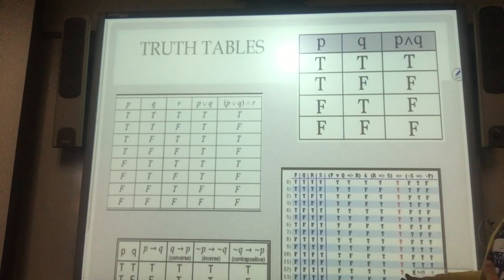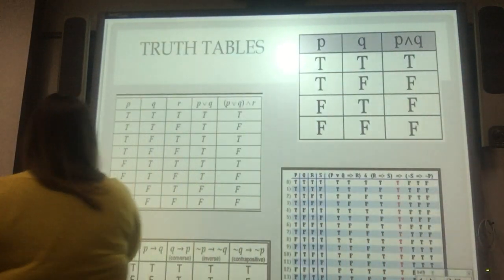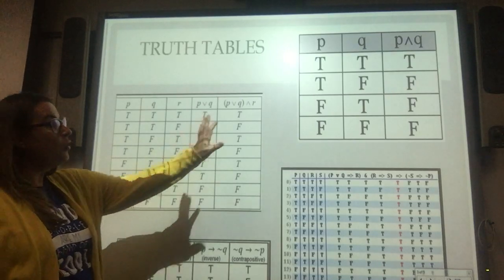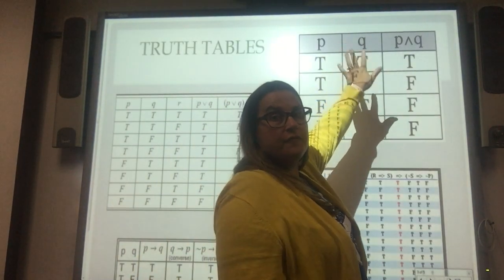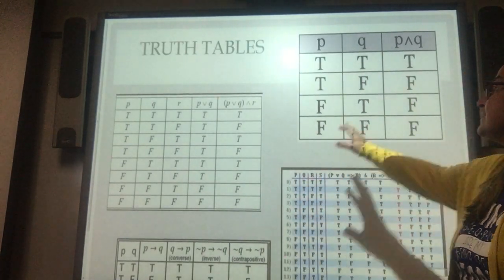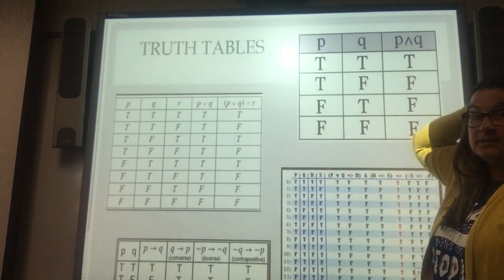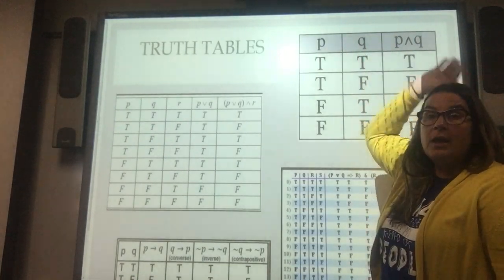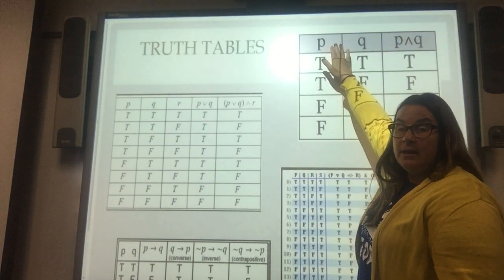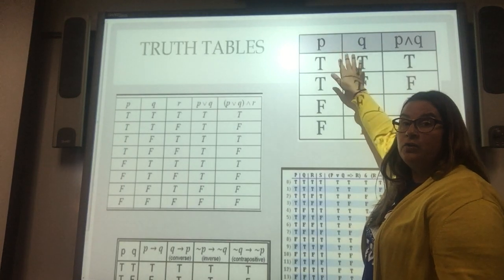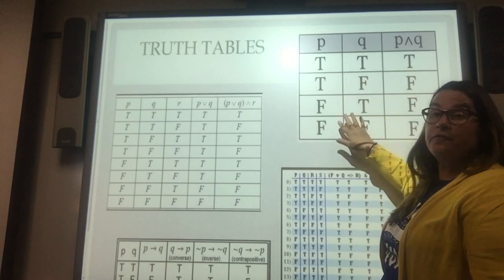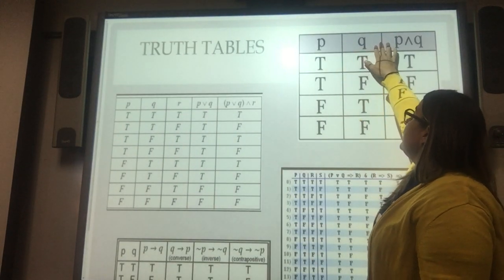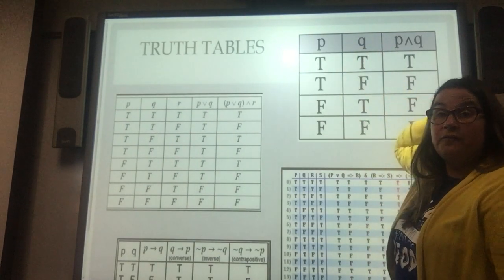Okay, so these are some examples of truth tables. They look a little overwhelming. Let's focus up here first. Okay, let's look at the simplest truth table there is. We've got P and we've got Q. Statement P can have a truth value of either true or false. Q can have a truth value of either true or false.